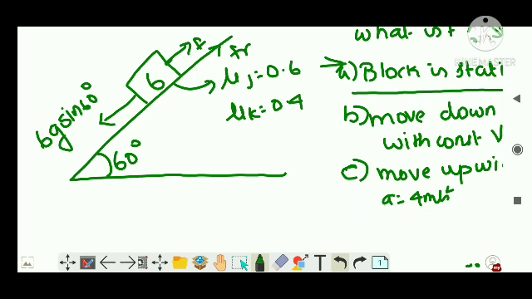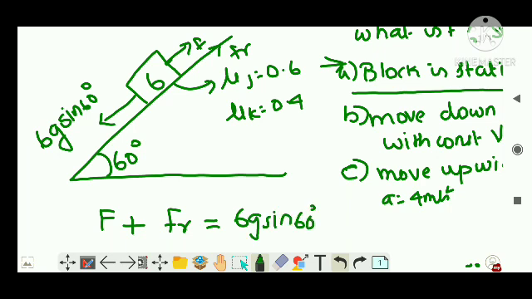We have repeatedly written that along the inclined plane the component will be mg sine theta, and perpendicular to it, along the normal, it will be mg cos theta. We have repeatedly done it. So here I can write from the figure itself, F is equal to Fr, which is equal to 6g sine 60. This much is clear from the figure.